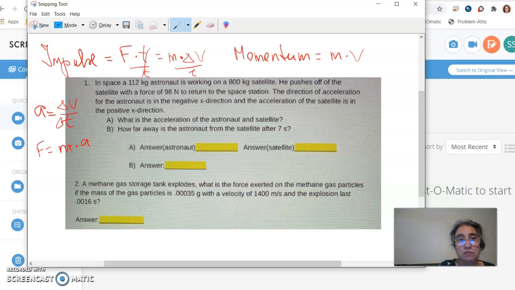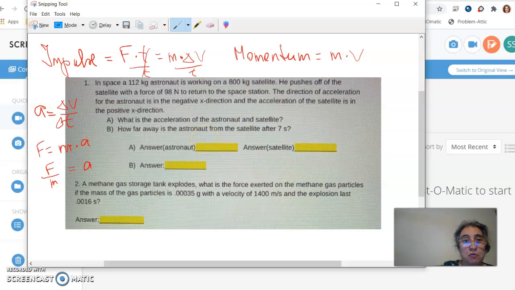So obviously, in order for you to find the acceleration, you're going to have to divide both sides by the mass, and you end up with the force applied to the object divided by the mass of the object. In this scenario, we have two different objects, the astronaut and the satellite. So to find the acceleration of the astronaut, we need to apply the force.